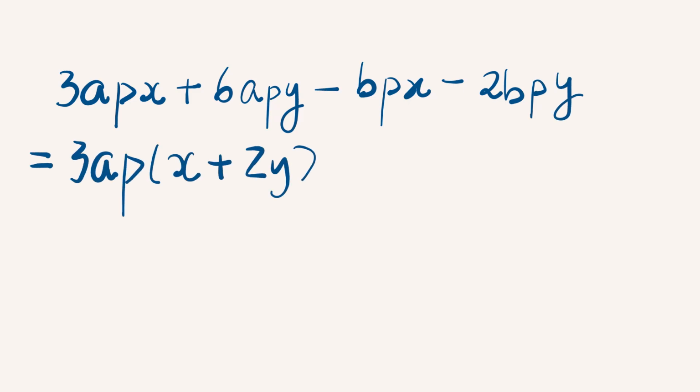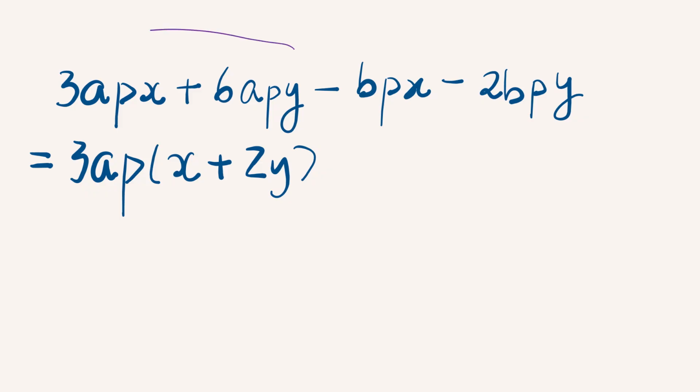All right, let's look at the last example. So in this last example, we are given 4 terms here: 3APX plus 6APY minus BPX minus 2BPY. Right, don't worry about so many letters and numbers. Okay, let's break this down into 2 huge groups.